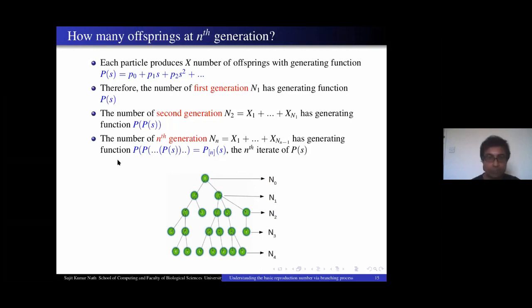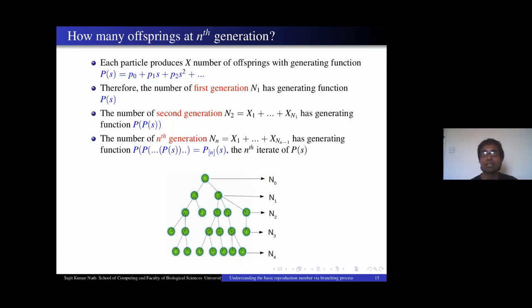by composing them gradually. So what we have obtained is that we can get the generating function for any nth generation, which is basically the nth iterate of p. If we keep on composing p n times, it gives the generating function for the nth generation. Now it is very easy to calculate how many particles there will be.